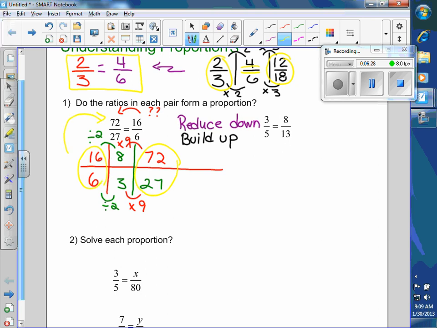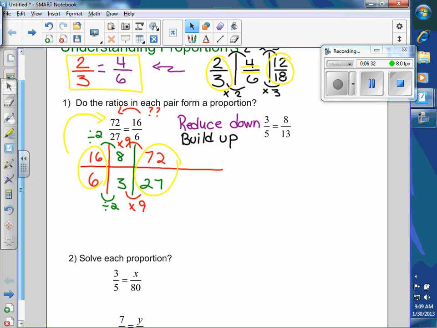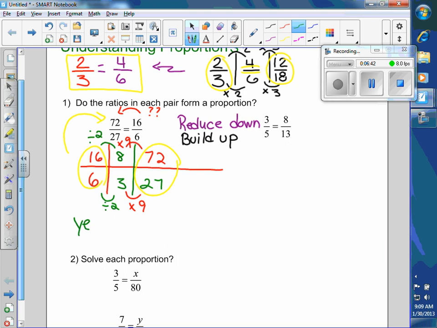So do those form a proportion? Yes. And that's why you would answer the question, and you would show that you could get from one ratio to the other somehow. And if you can, you would answer yes. 72/27 and 16/6 are proportional.